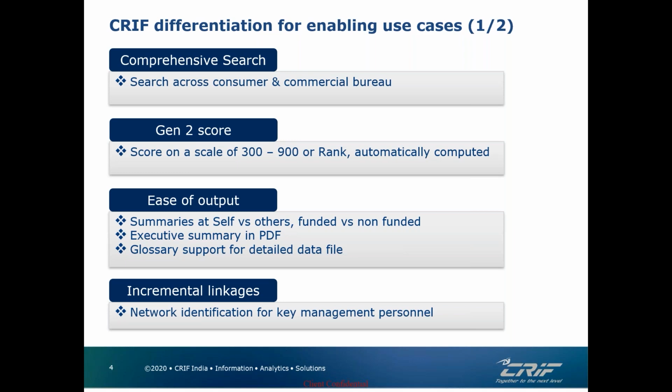The score, most of your institutions are using the consumer credit score, and you use the consumer credit score essentially to discriminate and take a portfolio action. You use the commercial credit score in exactly the same way. It is a very powerful tool to arrive at a portfolio action.